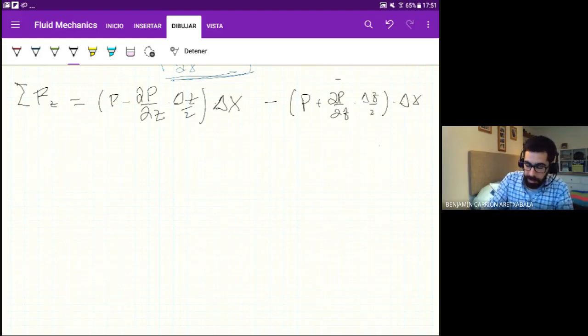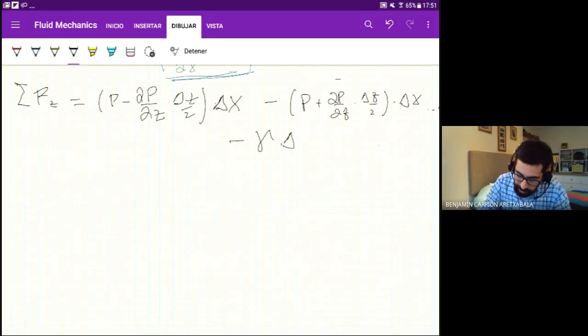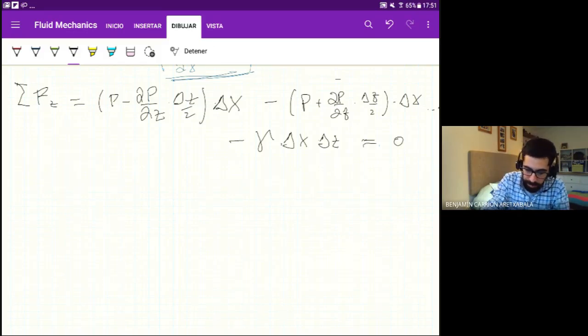And we're also going to have the weight. So I'm going to put it here, minus the weight. And the weight is nothing more than gamma times the volume. And the volume of this element is delta x, delta z times 1 meter depth that we're considering. And this should be 0 because this is in equilibrium. Then it's pretty easy to realize that we can cancel out the delta x's.